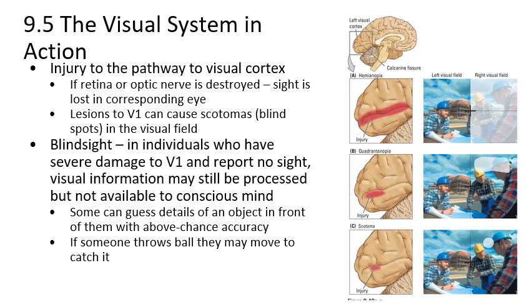So someone with blind sight may be able to guess details of an object in front of them with above chance accuracy. If you ask, am I holding a picture of a dog or a cat in front of you, it would feel like guessing to them, but they would be accurate above chance. So there would be some kind of visual processing happening.